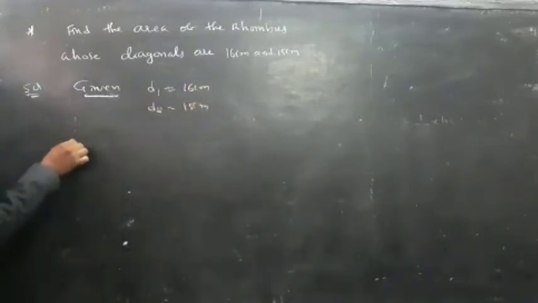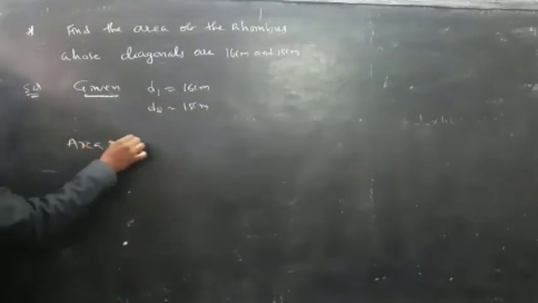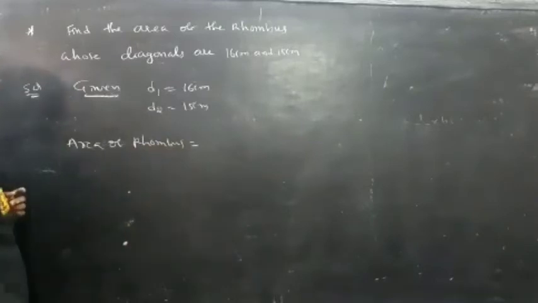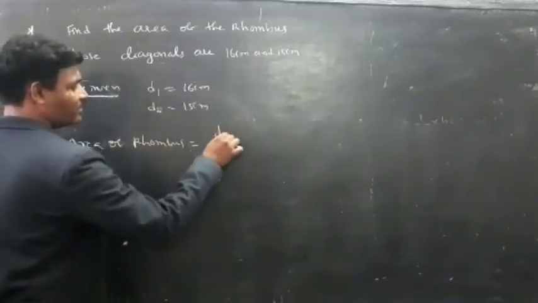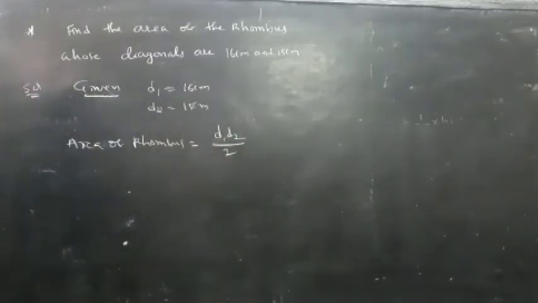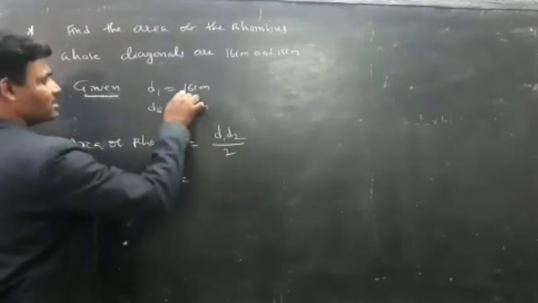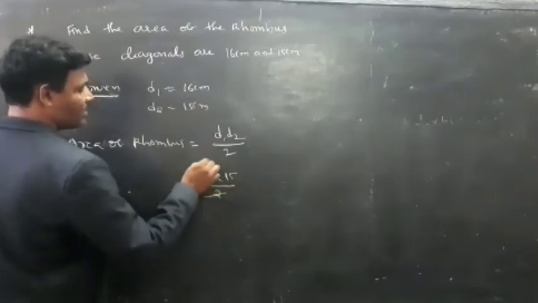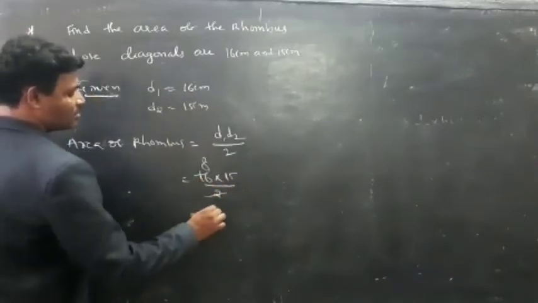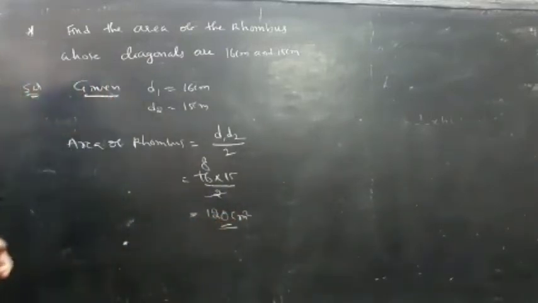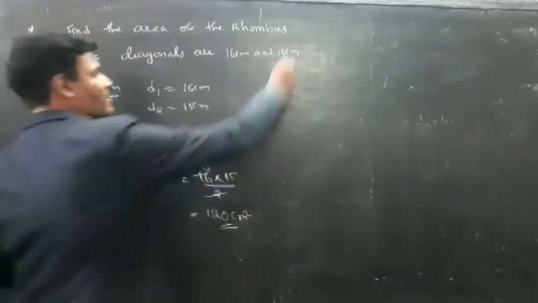We know the area of a rhombus is nothing but half of the product of the diagonals. What is the length of d1 here? 60 into 15 by 2. 2 ones are 2, 2 30s are 60. So 15 8s are 120 centimeters square. So the area of the given rhombus is 120 centimeters square.